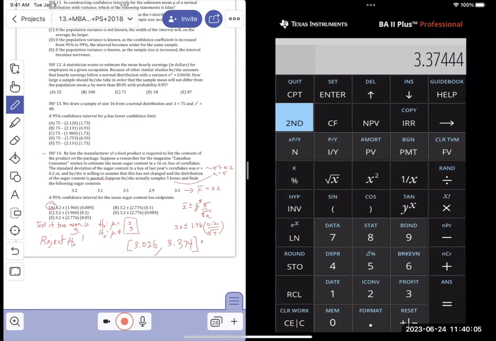It's a little bit higher. You have evidence that mu is greater than 3. Right? Like I said before, if you do the two-sided test, you can say something about it being higher or lower depending on your results.